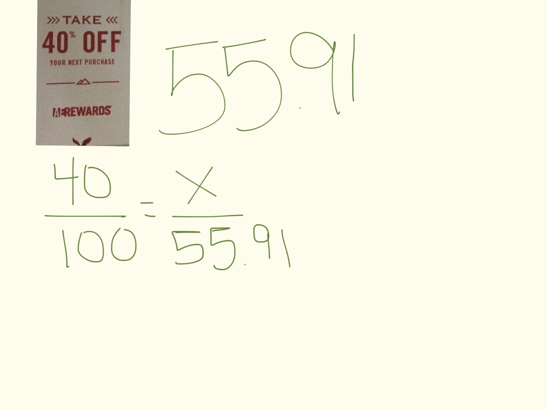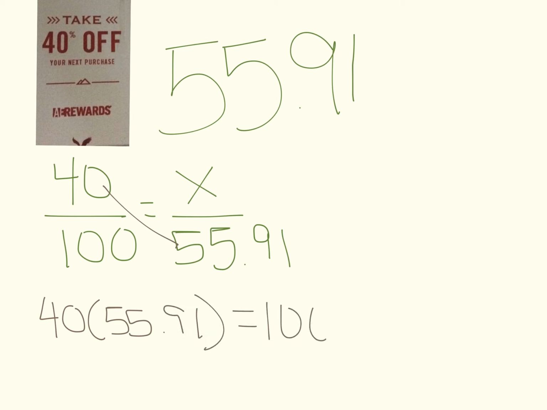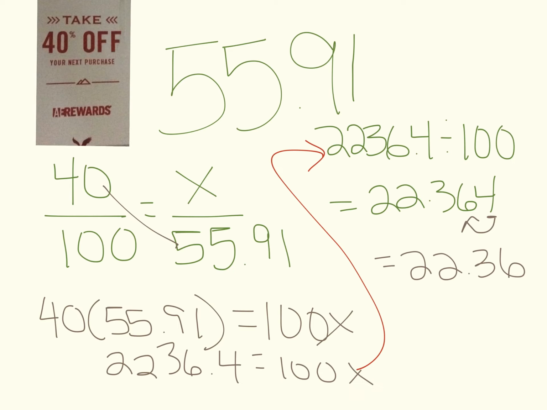Okay, here's your proportion. Is that what you got? Remember, we want to save. So 40 times 55.91 will equal 100 times x. Pause it and see what you get. All right, so I cross multiplied and then I divided by 100 and I got 22.364.